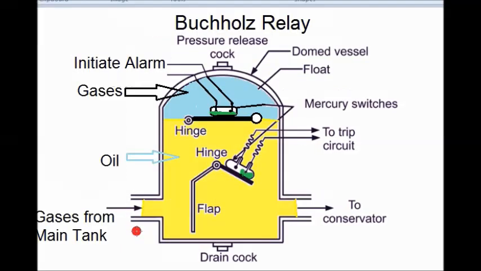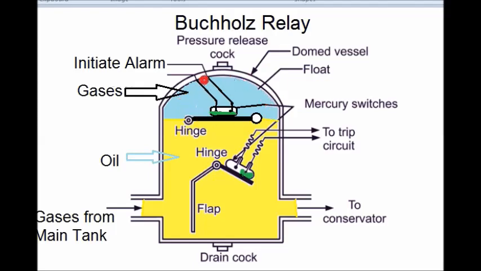Now during internal fault condition or during interturn short of the winding, hydrocarbon gas will be generated, and this hydrocarbon gas will flow from the main tank towards the conservator tank through the pipeline. This gas is light in nature and will be trapped in the upper portion of the Buchholz relay.